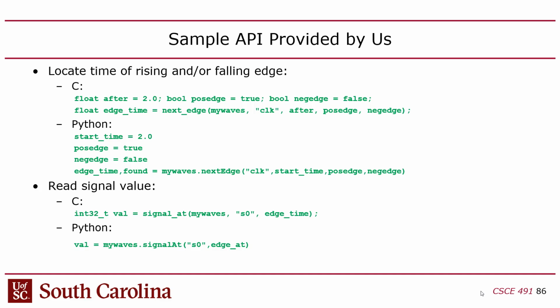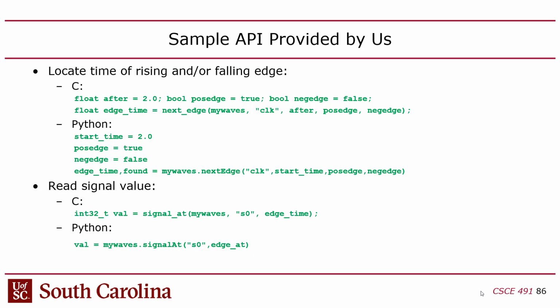So in this case, I want to know where the next edge of clock is. But I want to start it at this parameter called after. So if after, say, is 10 seconds, I want to look at the first edge of clock after the 10-second mark on the waveform.